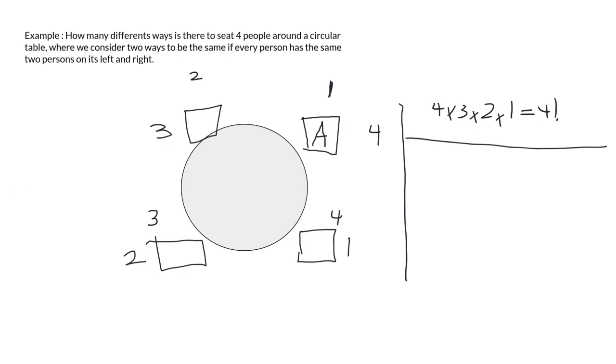So let's see, we have chosen A here, we have chosen C, D, E. But we could also get the same ordering by placing instead C here, A here, D here, E here, and A here.